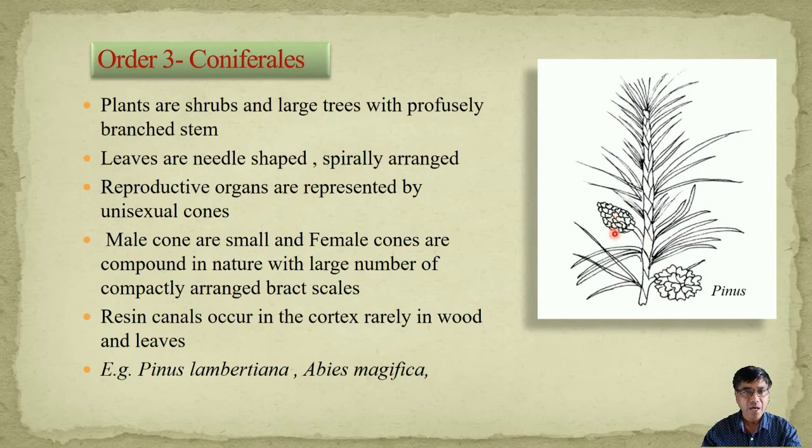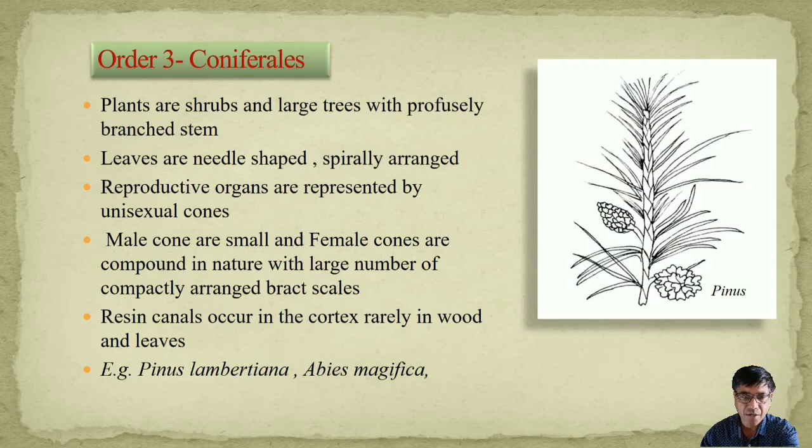Female cones are compound in nature with a large number of compactly arranged bracts, bract scales, each with an ovuliferous scale, around a central axis. Resin canals occur in the cortex, rarely in wood and leaves. For example, Pinus. Other example, Abies, etc.